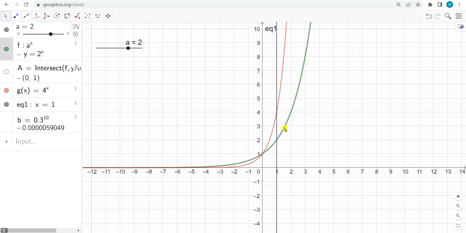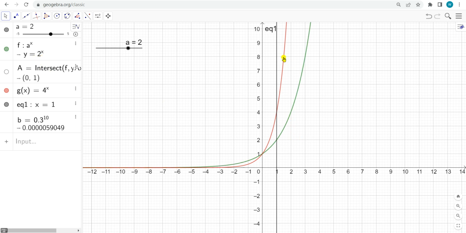For example, when you consider the green line and the black line, the intersection is here, (1, 2). That means when x equals 1, the y coordinate will be 2. And you can find out that the base is 2 here. So this graph is y equals 2 to the power x.